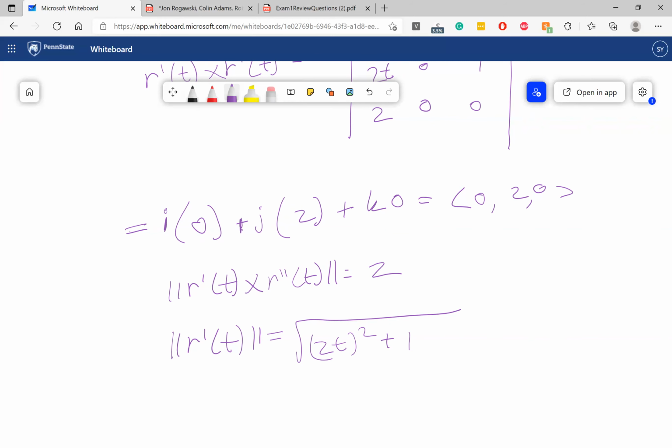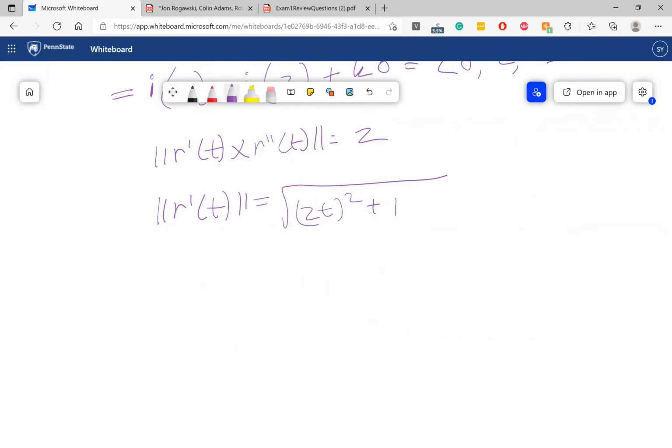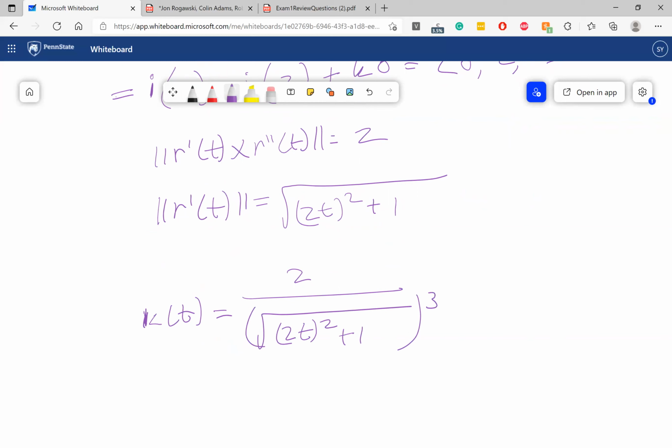And so then we know our curvature. Our curvature is going to be two over the square root of 4t squared plus 1, to the third power. Any questions about this? Yes. On the exam, we can leave it like that, we don't have to simplify it more. Yeah, if it's like this, you don't have to simplify it.